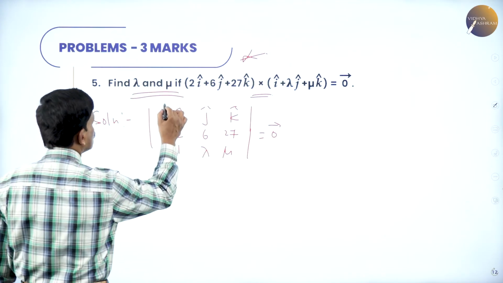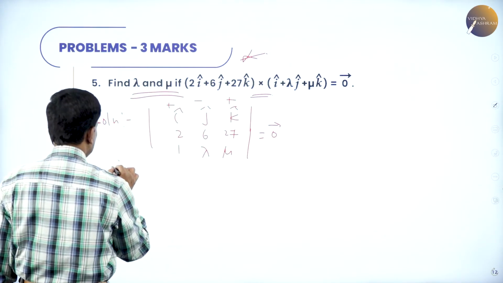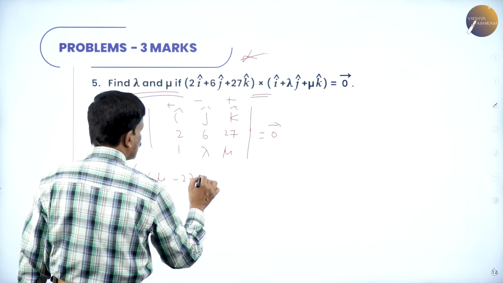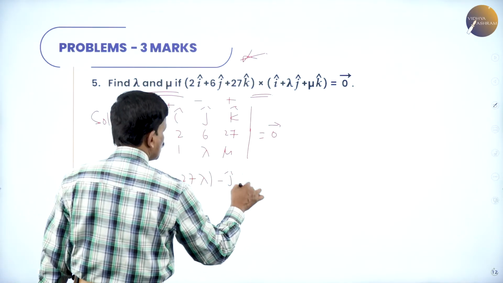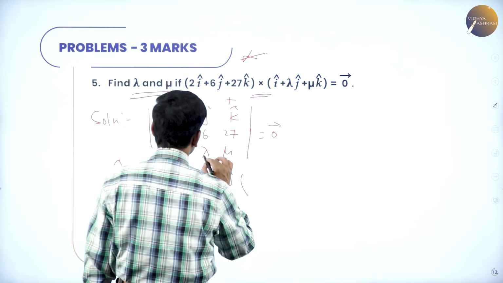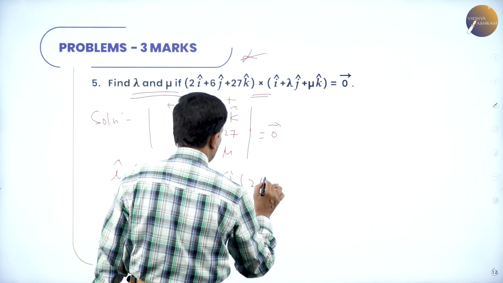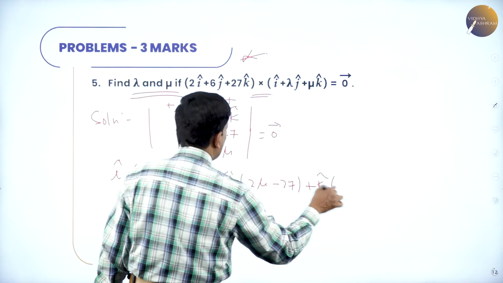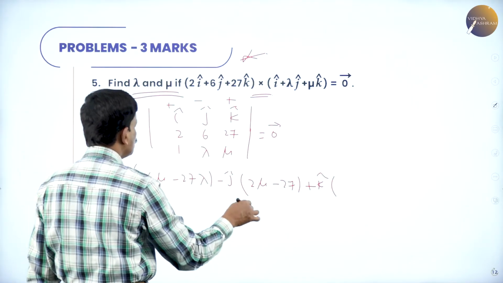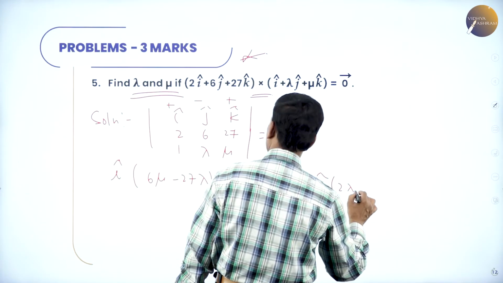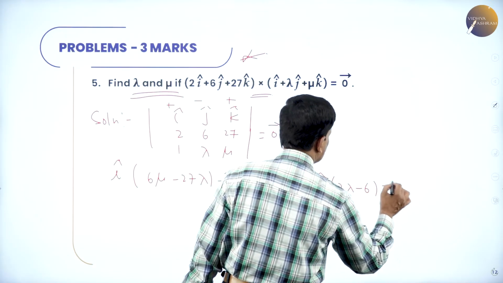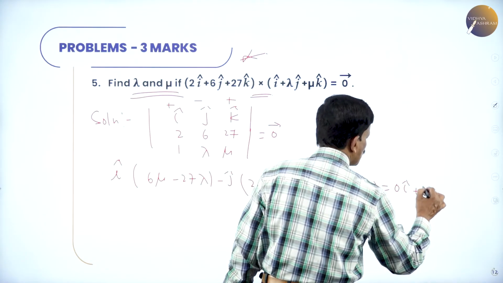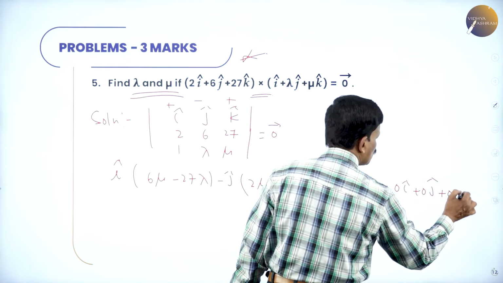Now, simplify this: plus, minus and plus. i into (6 times mu minus 27 times lambda), minus j into (2 into mu is 2 mu, minus 1 into 27 is 27), plus k cap into, this row and column is deleted, (2 lambda minus 6), is equal to the 0 vector, which is nothing but 0i plus 0j plus 0k cap.